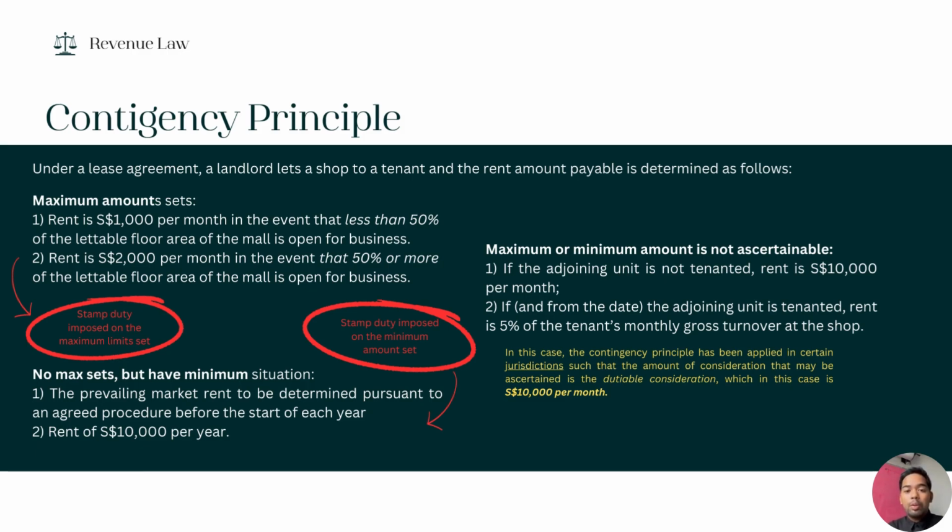So when will the contingency principle be applied? The contingency principle will be applied when a maximum or minimum amount is not ascertainable. So let's say until the adjoining unit is tenanted, the rent is 10,000 per month. But if and from the date the adjoining unit is tenanted, rent is 5% of the tenant's monthly gross turnover at the shop.